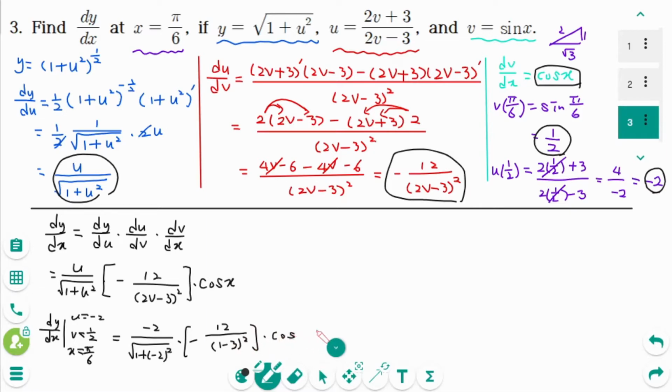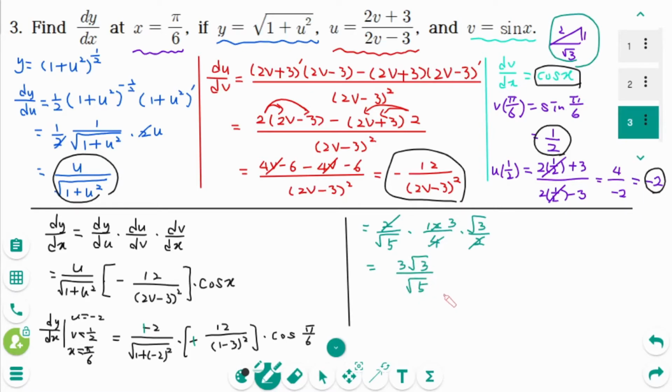times cosine pi over 6 equals, make positive, 2 over the square root of 5 times 12 over (minus 2) squared, which is 4, times cosine pi over 6, use this triangle, square root of 3 over 2, equals, cancel, this is 3, then 3 square root of 3 over square root of 5.